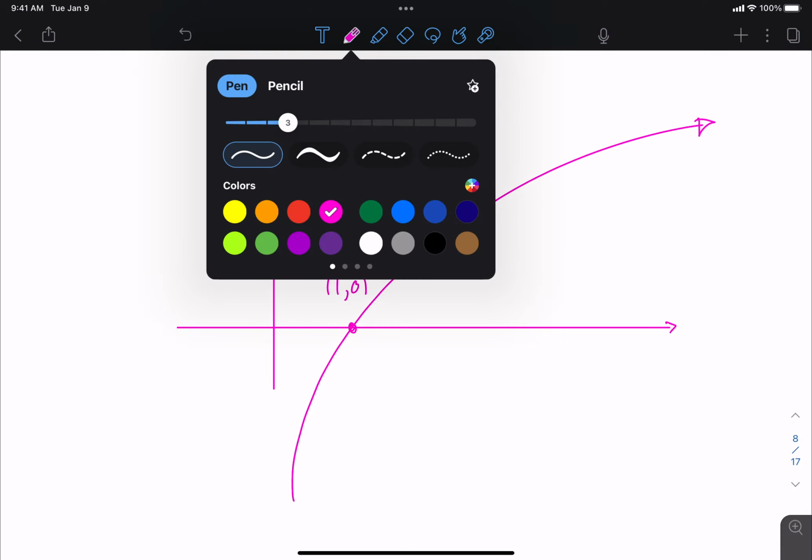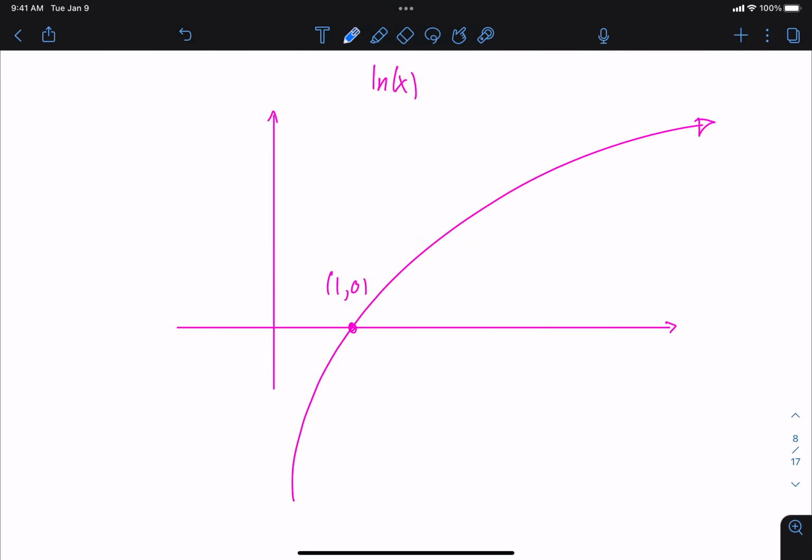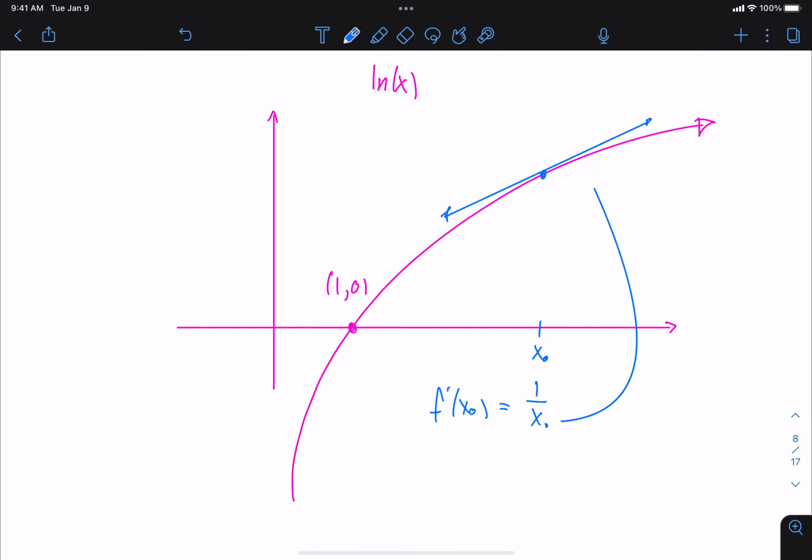And as you send, let's say, x naught out to the right, what is the derivative supposed to tell us? The derivative is supposed to tell us the slope of the tangent line. So f prime of x naught, which is 1 over x naught, is the slope of this line right here.